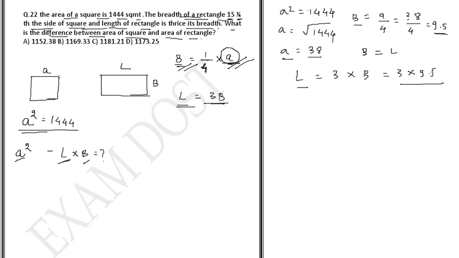So let us solve this. A square minus L into B. A square we know is 1444 minus L is 3 into 9.5 into B is 9.5.